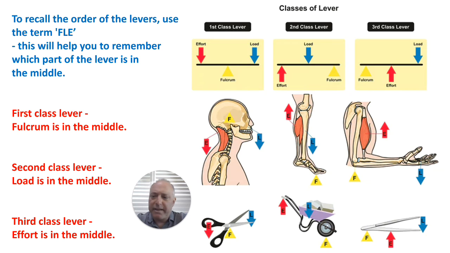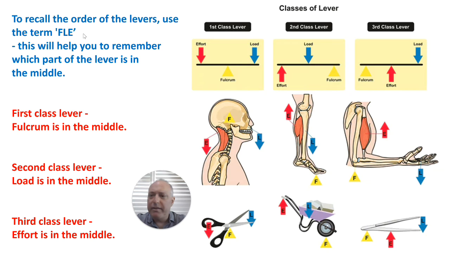So the first class lever, the fulcrum is in the middle. So that's your F. This is like nodding your head. The second class lever, the load, or the L, is in the middle, like standing on your tippy toes.